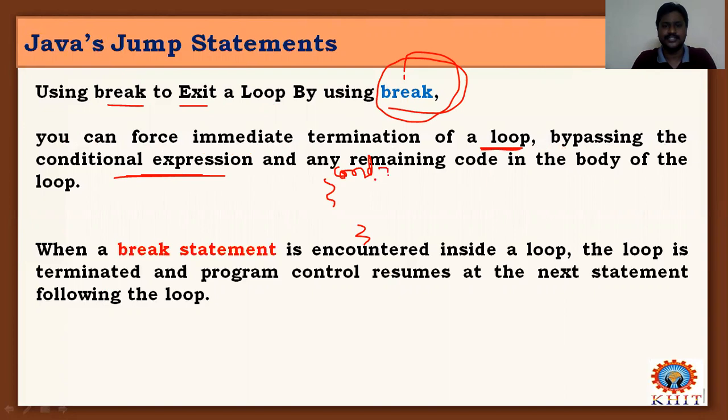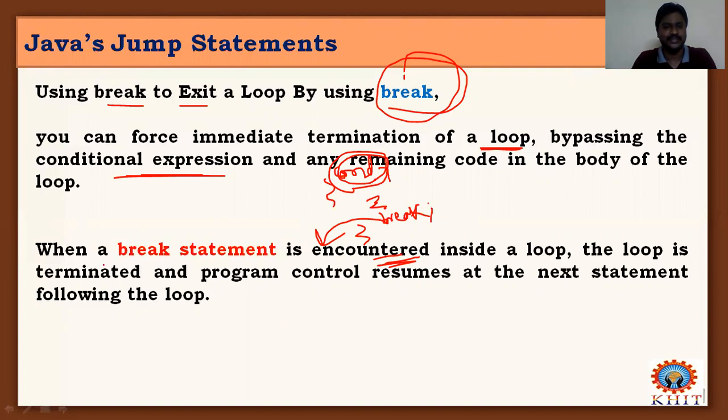If this condition is true, then this part will execute. By using the break statement inside this loop, it completely bypasses the conditional expression and simply comes out of the loop. So this is also one of the uses of the break statement.